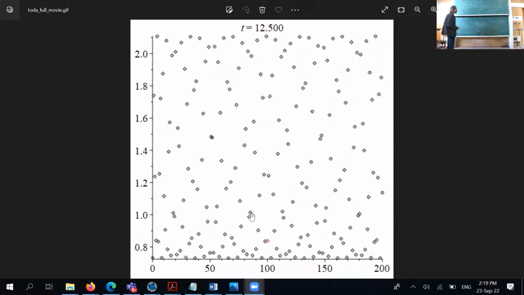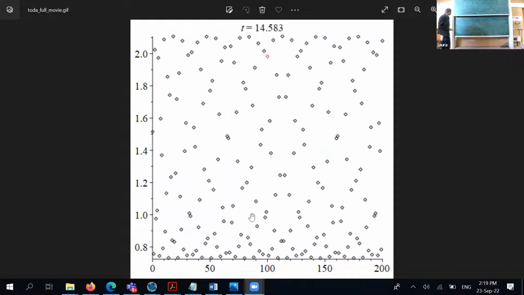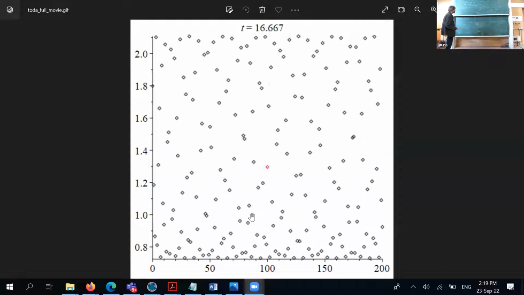Now, and then of course there's also the convergents of this fraction.